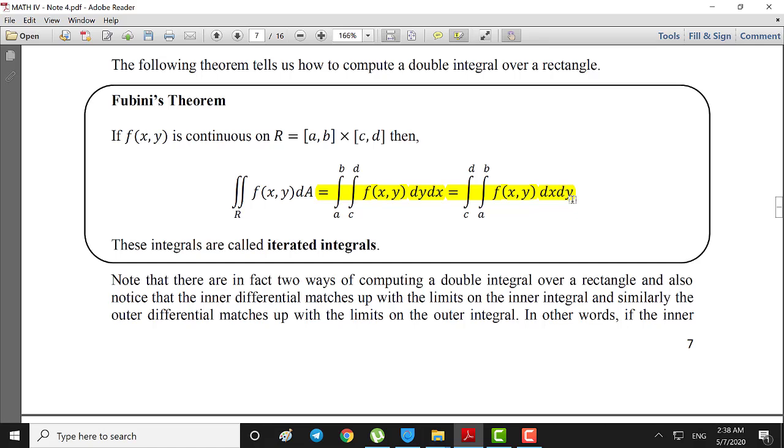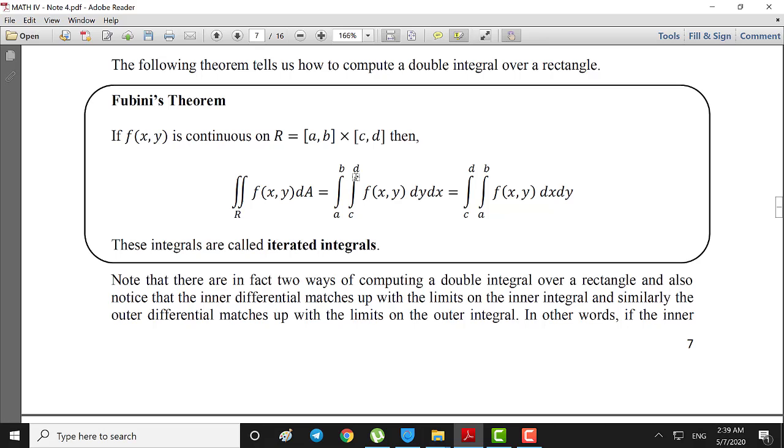There are two ways to calculate the double integral. And look at the screen carefully. The first integral that you write here is called the outer integral, and the second integral that you write here is called the inner integral.